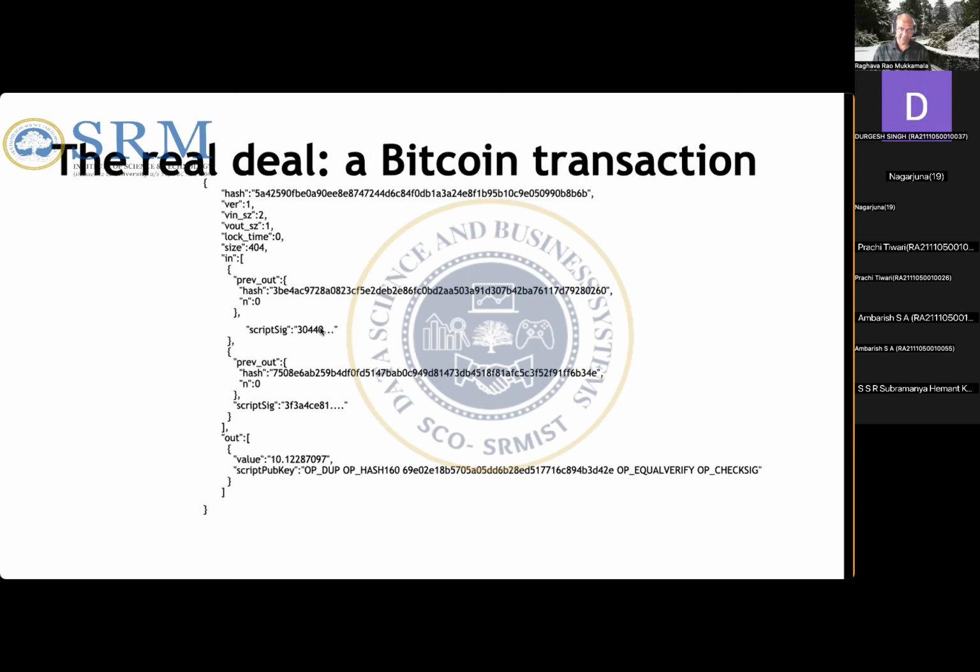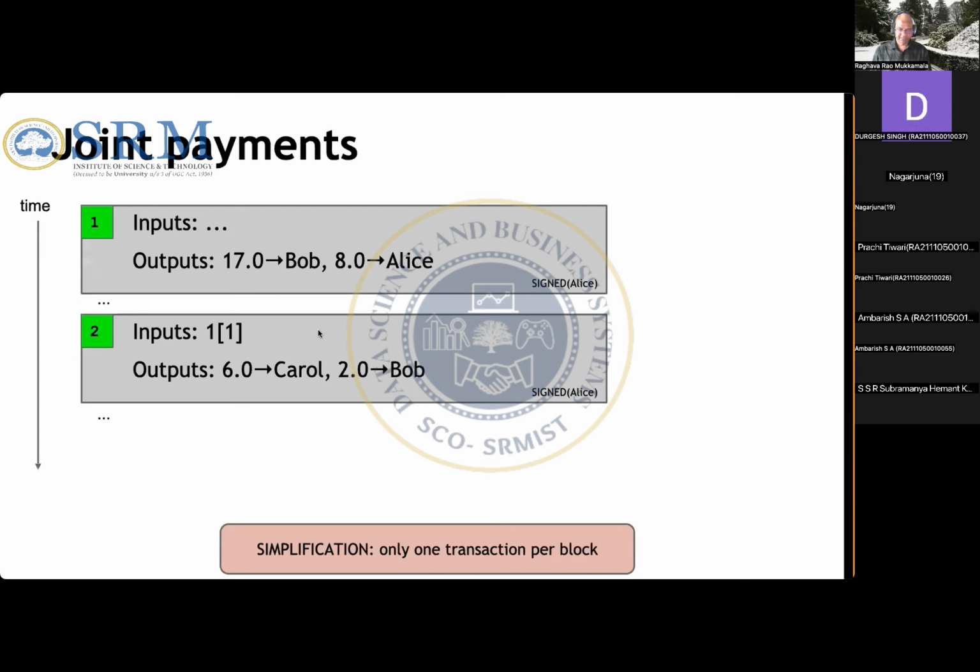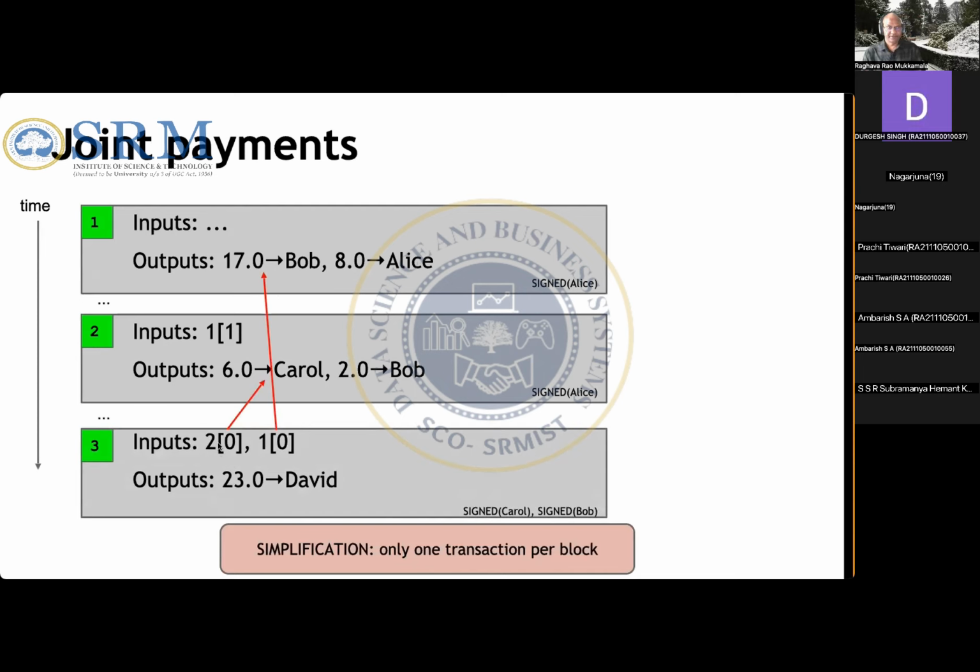So let me go back one step. You can see here, for example, this is the input. We say 20, so that means transaction ID 2 and the first coin.